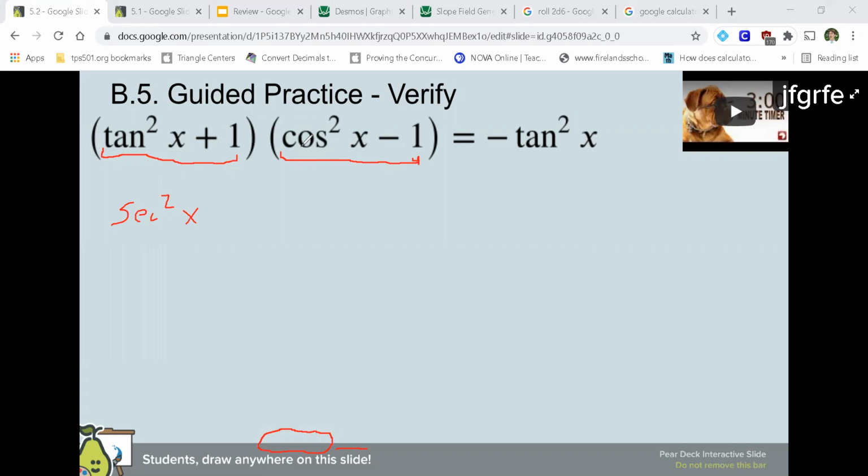What is cosine squared minus 1? Okay, this one you have to manipulate. So remember, sine squared plus cosine squared is 1. So if I want to get cosine squared minus 1, then I would need to subtract the 1 over here, and then I would need to subtract the sine squared over there.